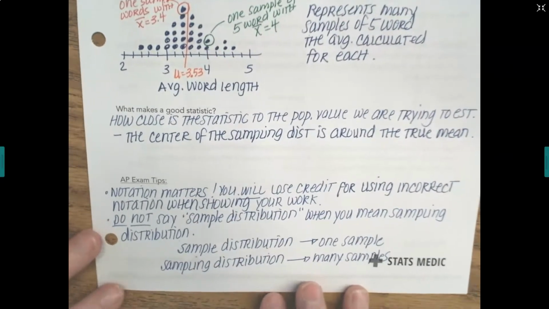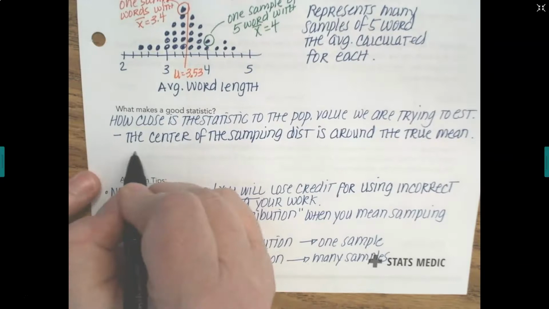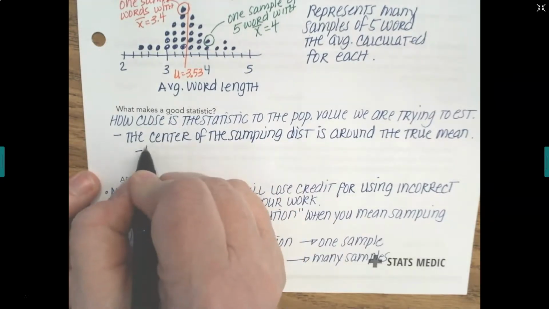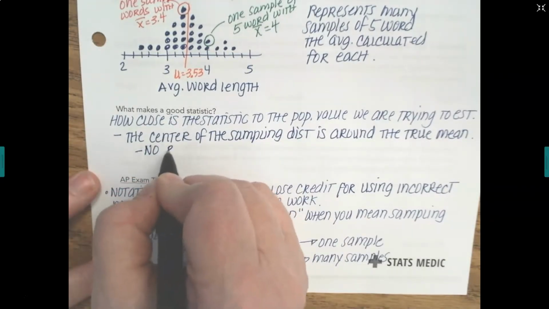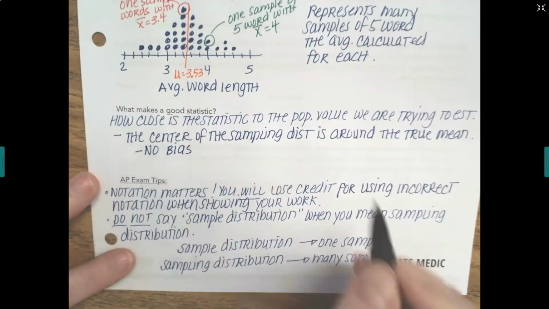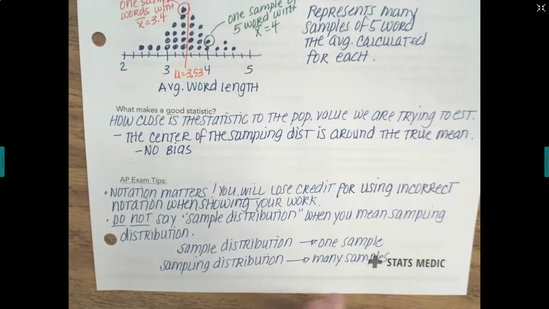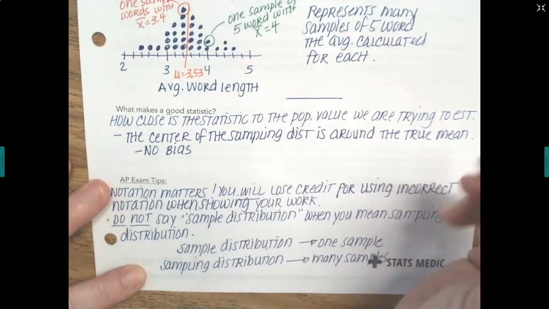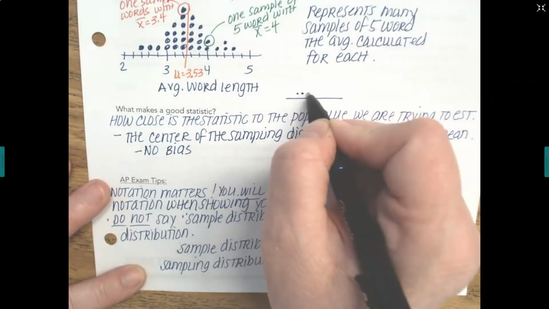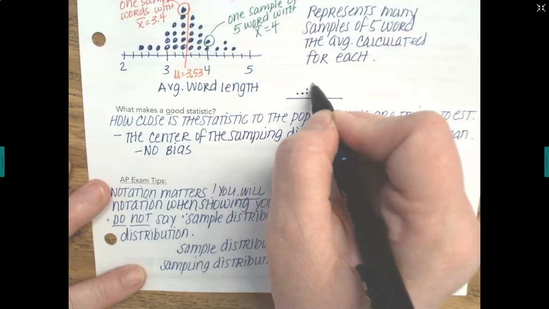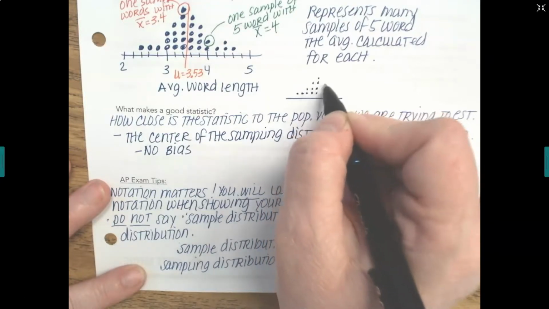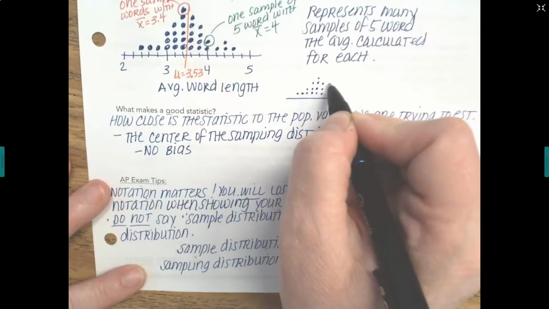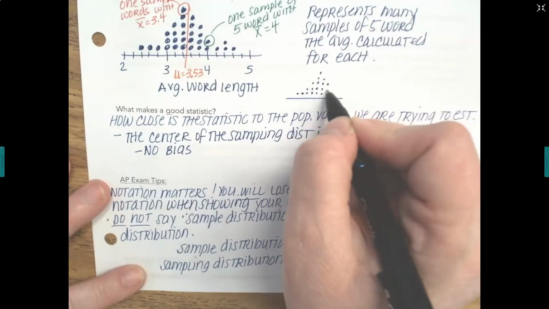A mean is a good statistic because there's something we call bias, or there's lack of it. It has no bias. So bias would be a systematic pulling in one direction. So if we had a similar dot plot, I'm going to make just a quick little sketch of a dot plot that's similar to ours.